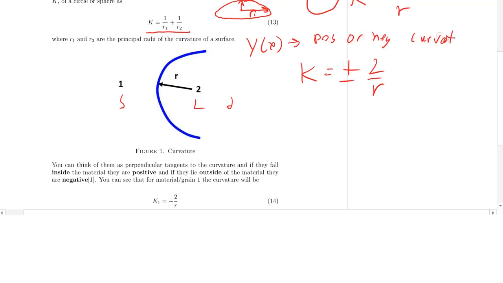Hopefully, you remember from mathematics, and from lecture 5 as well, when we talked about stability, if I take the second derivative of y and it is greater than 0, I have positive curvature. If the second derivative is less than 0, it is going to have negative curvature.